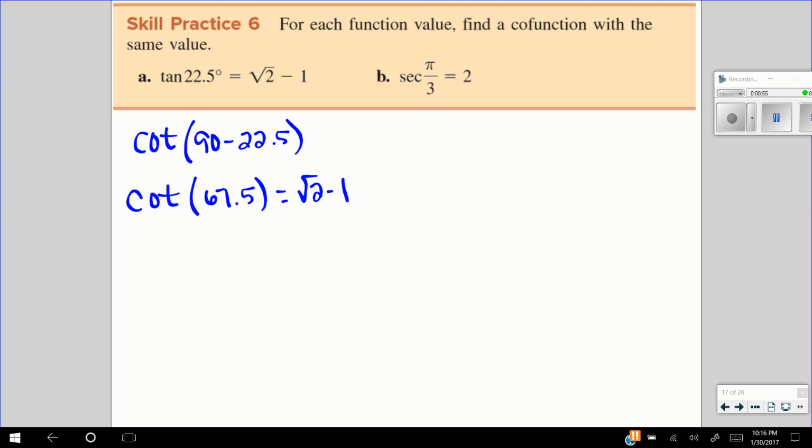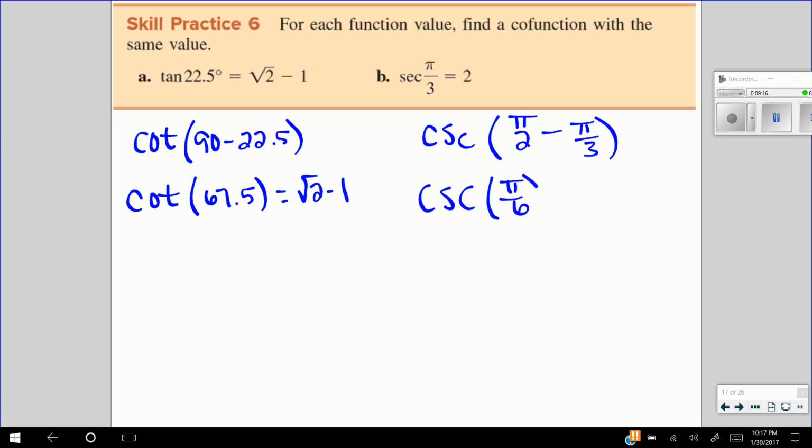Okay? Secant, the cofunction for secant is cosecant of 90 in radians, which is pi over 2 minus pi over 3, which now hopefully you should know is pi over 6, right? 90 minus 60 is 30, equals 2. Okay?